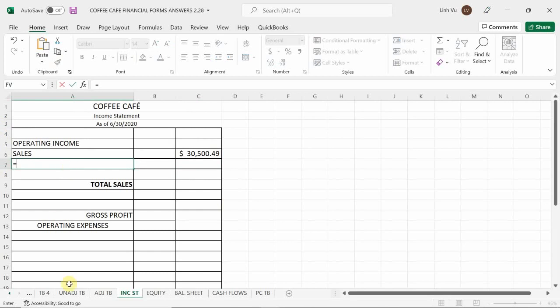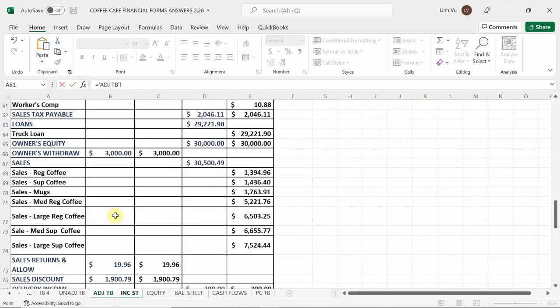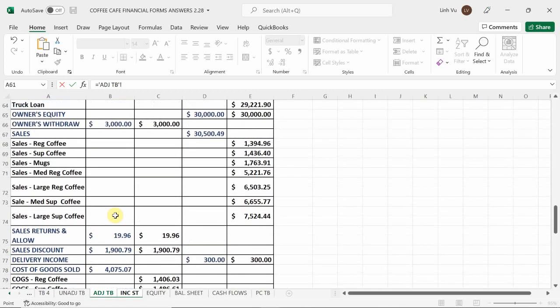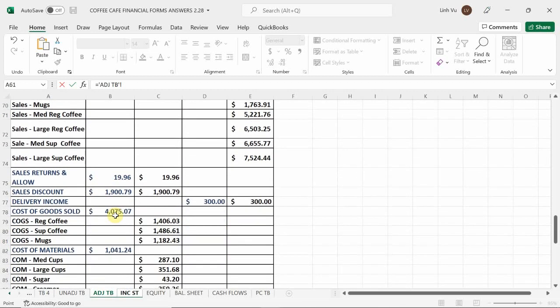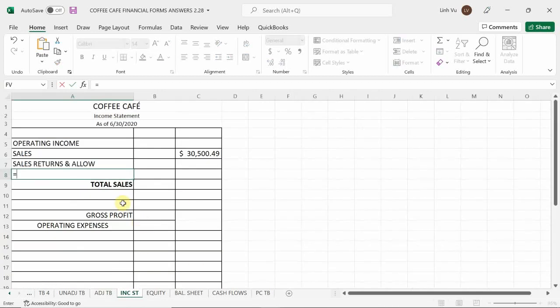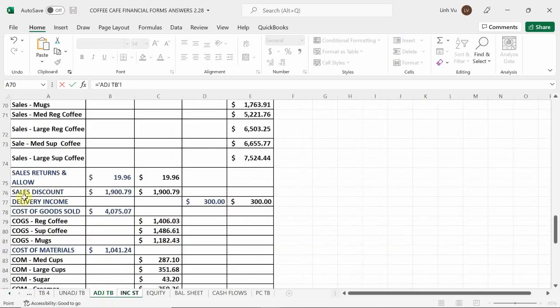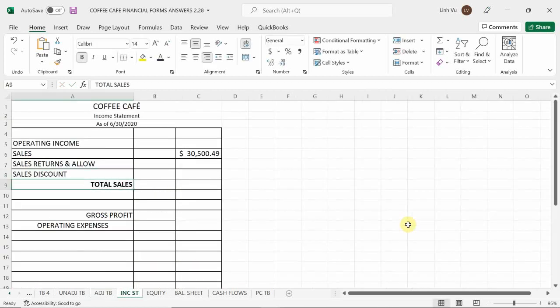However, what were the things that counter my sales, right? What are the things that we created contra accounts for? Well, we had a sales returns and allowances, as well as a sales discount, right? Those things take away money from our profits for our sales, because those are things that we have discounted the price for, right?